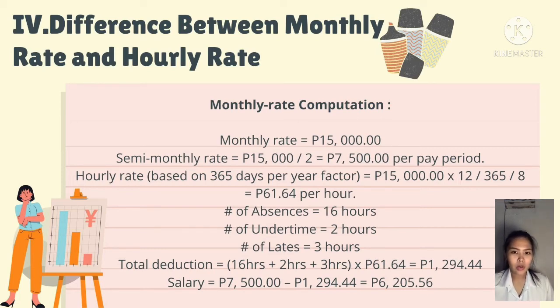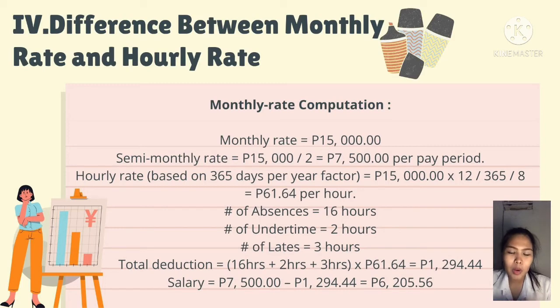So, here's the computation of monthly rate salary. If your monthly rate salary is 15,000, then your semi-monthly rate is 7,500. And that 7,500 is per pay period. And your hourly rate is based on the 365 days per year factor.